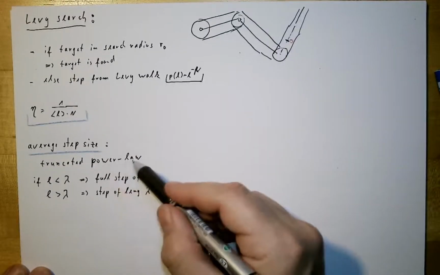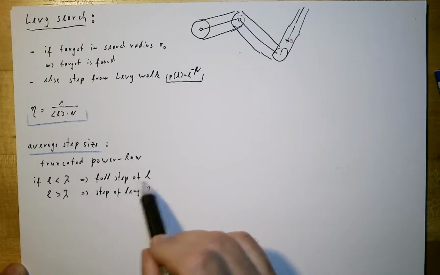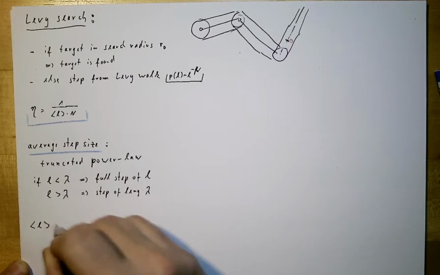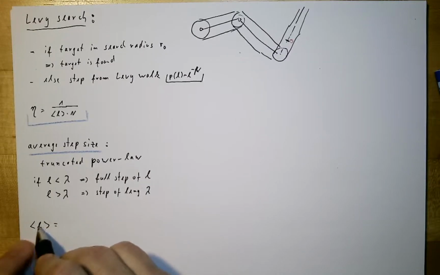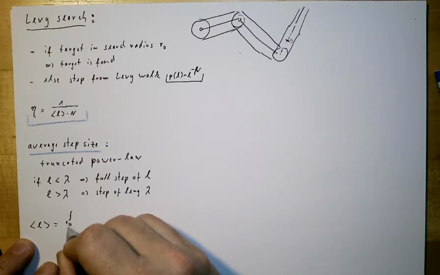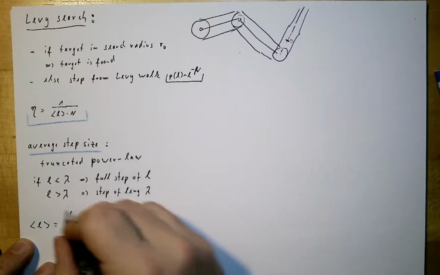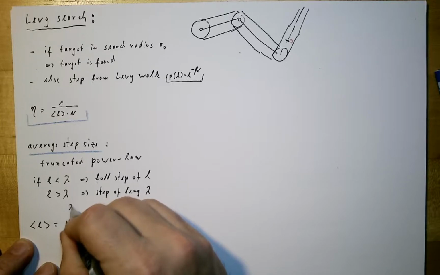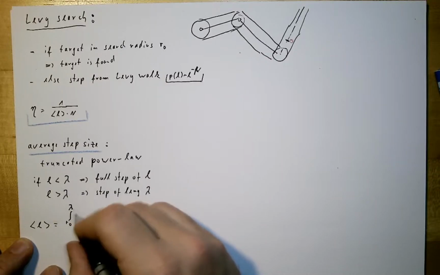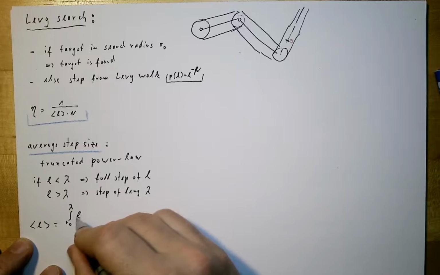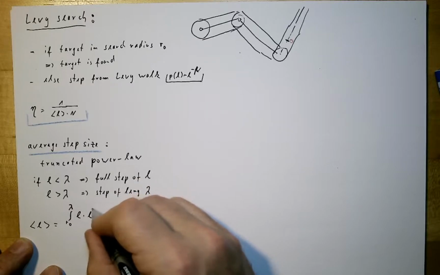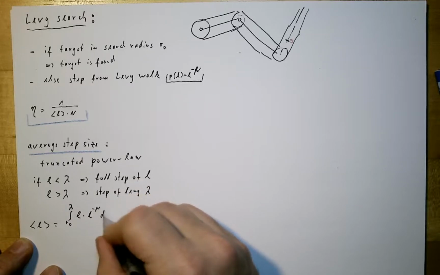And that gives us a truncated power law. So we do only a power law until step L. And now if we want to calculate the expectation value of the step length, we have to integrate from our minimal, our cutoff, that's the search radius, until the mean step length L. So that's the first case. And then we can really take the typical way to calculate the expectation, L times our distribution, L to the minus mu, dL.